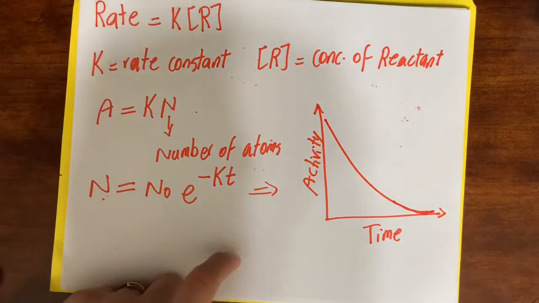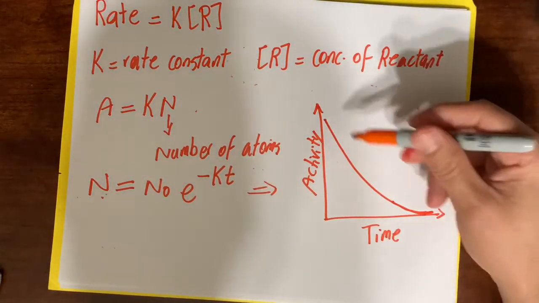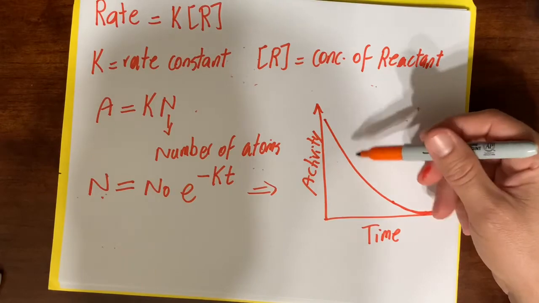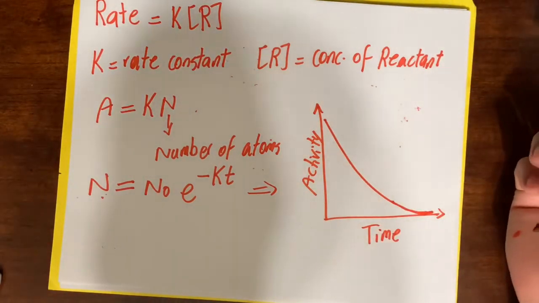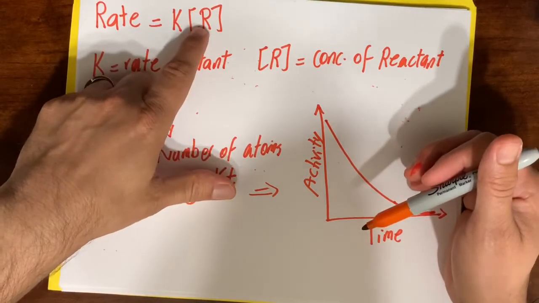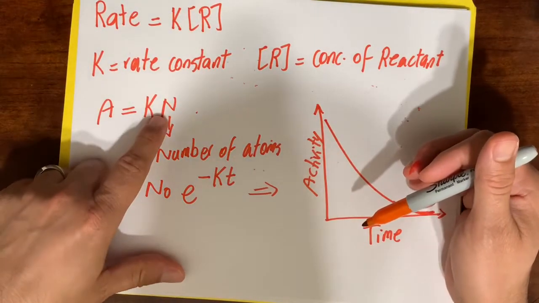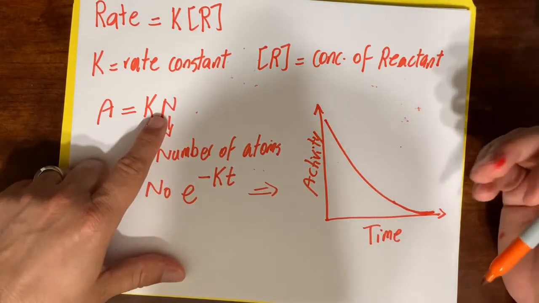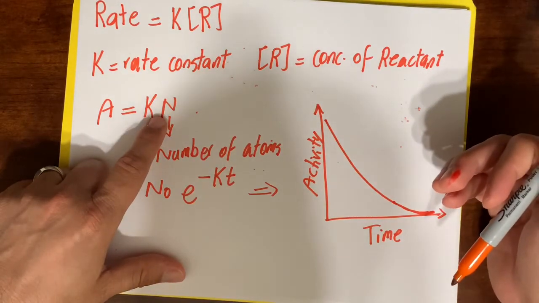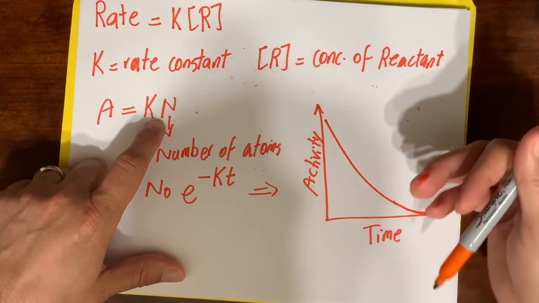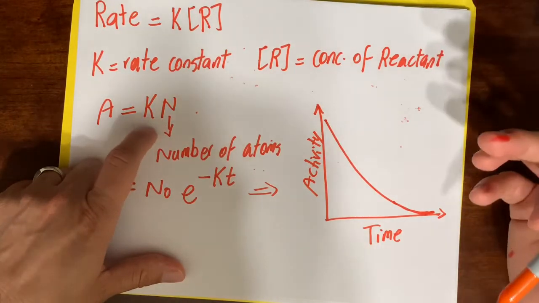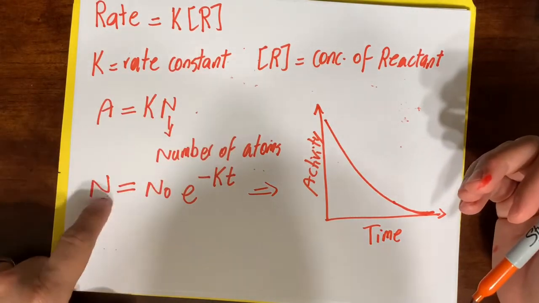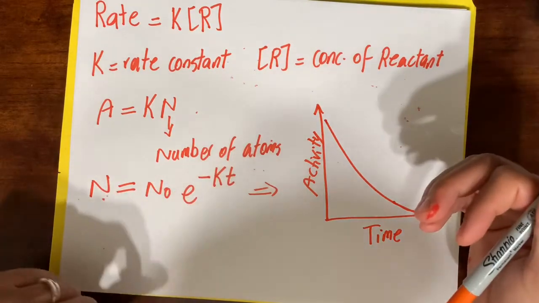The reason for it is that it's not going to be linear. Over time you're going to lose some of the reactants, or number of atoms, because you will not have enough of the reactant or the atoms, so the rate is going to go down. Okay, but again, it's not going to be a linear one. So that's the reason I use this formula for it.